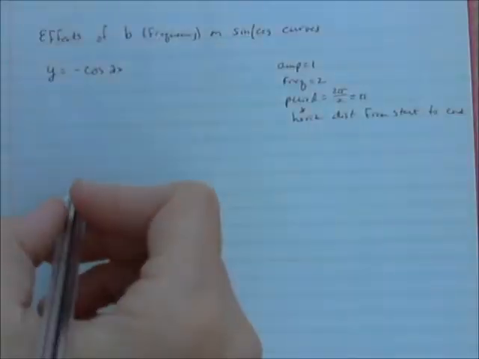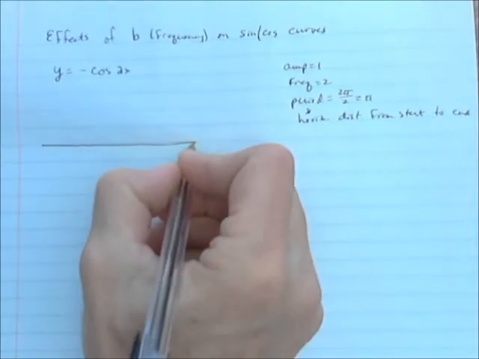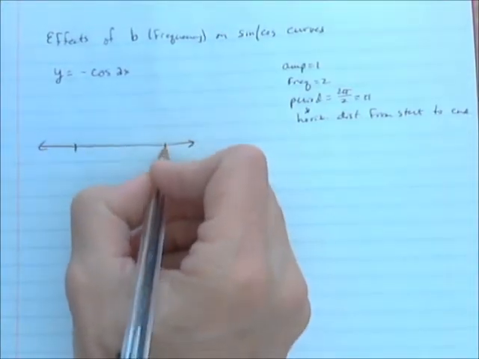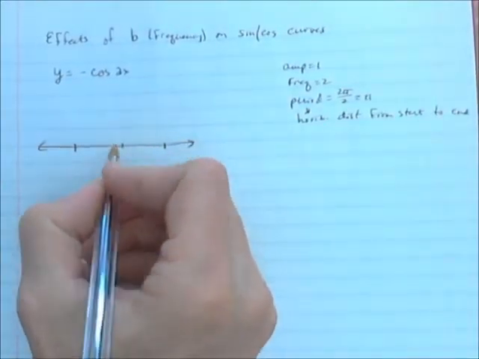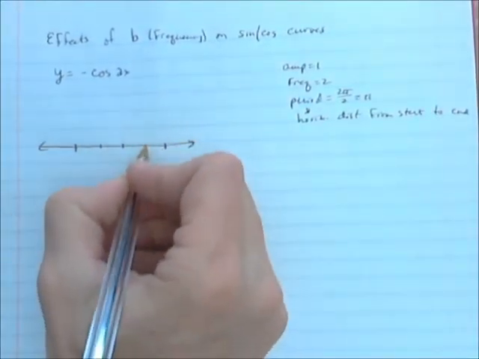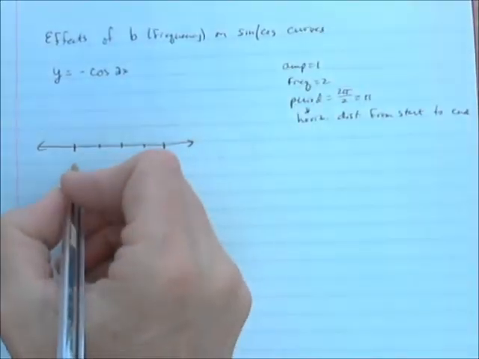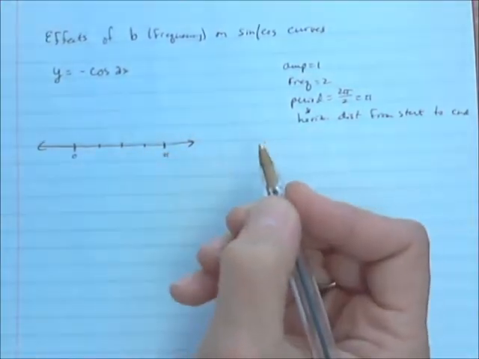And so if I wanted to graph this, I'd start out with my horizontal axis. And I'd start out with the 5 major points, start with the first and last, divide it up into half, and then divide it in half again. Since the period is pi, I'll start at 0 and end at pi.